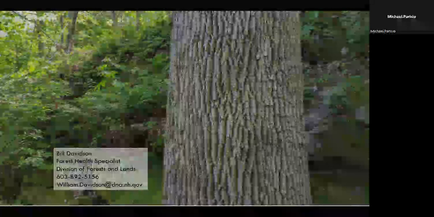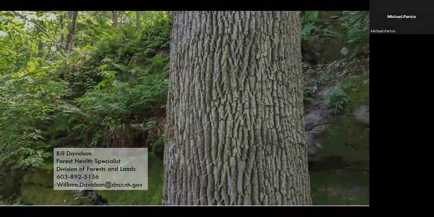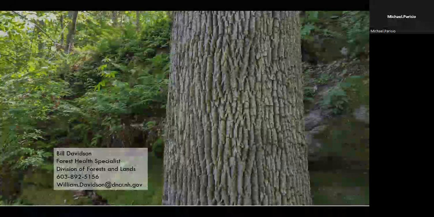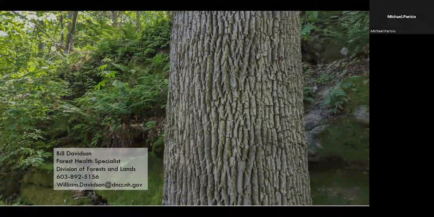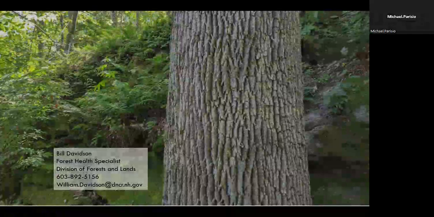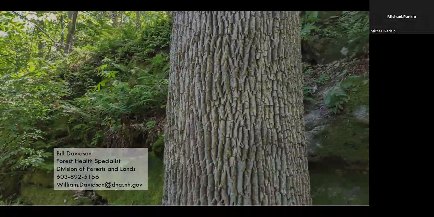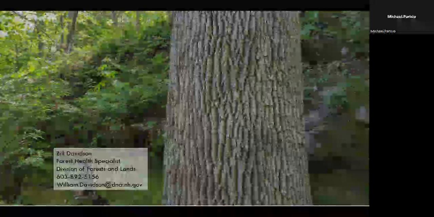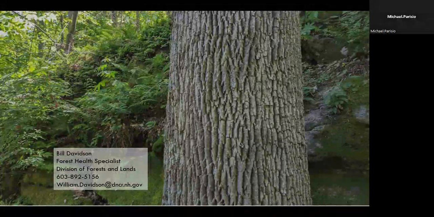I was wondering if you were receiving any pushback from the public with what is essentially introducing an invasive to combat an invasive. We have had people skeptical at first, but you can find the information online on the process these insects went through, the screening process. One of the benefits of using parasitic wasps is that they tend to be very highly host specific.